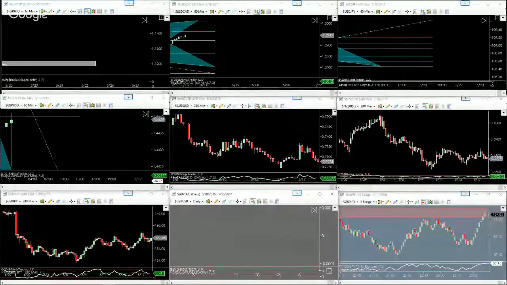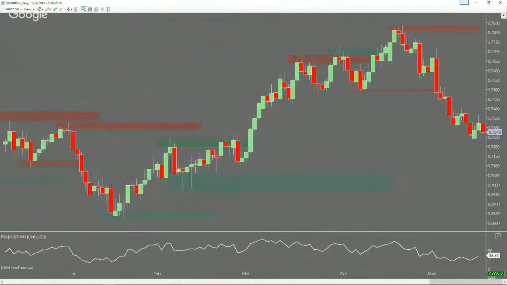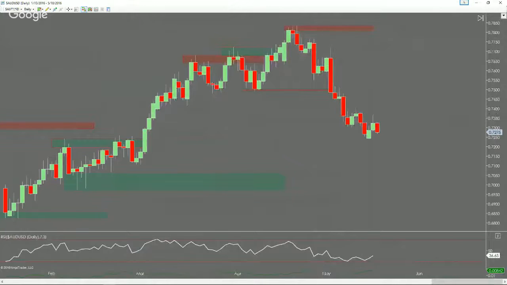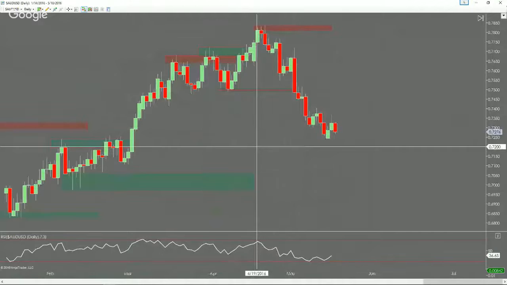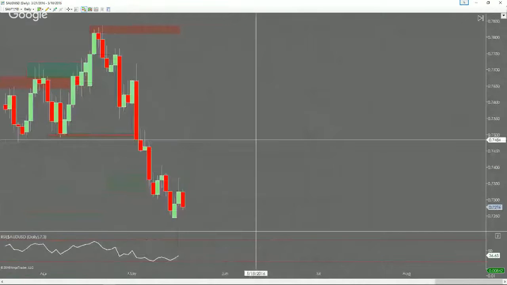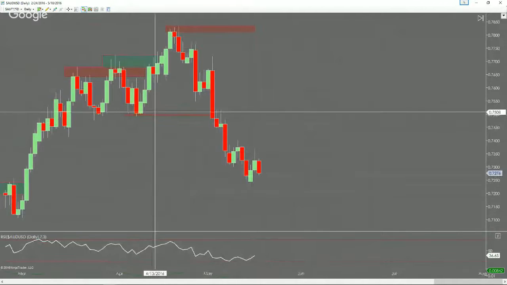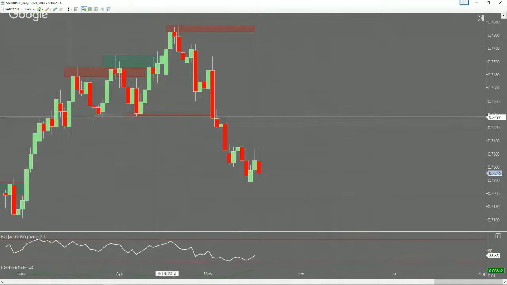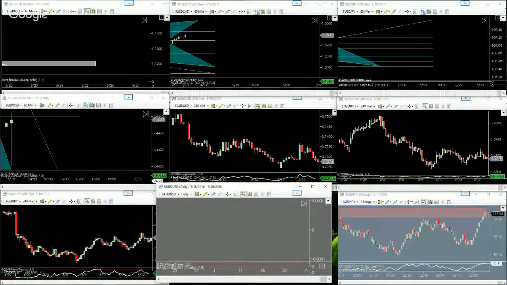Now let's go to Aussie dollar. Aussie dollar, we'll consider this a bear rotation. We did violate our previous support level right here. Let's go to our 240.